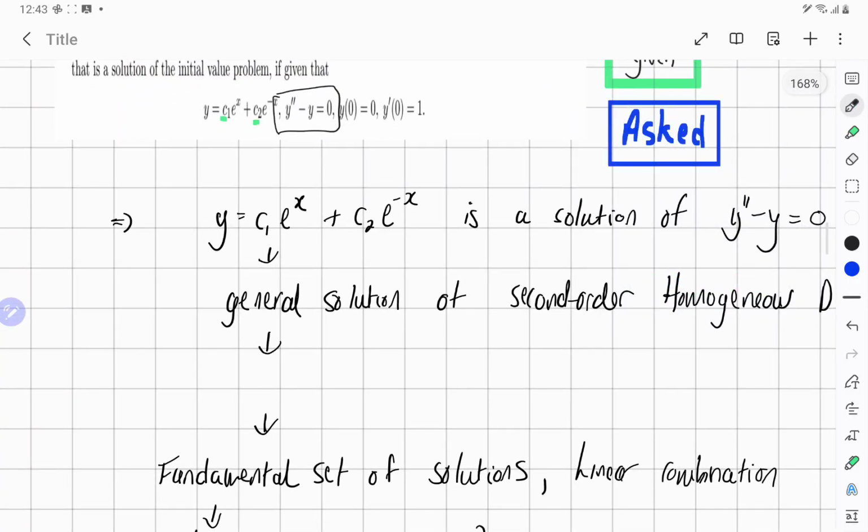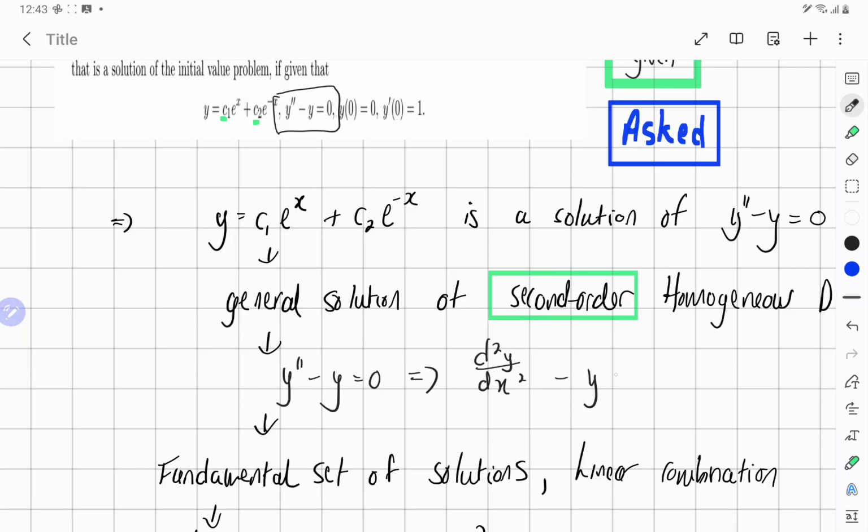Why is it second order? Just remember what I said, because the highest derivative is of second order.